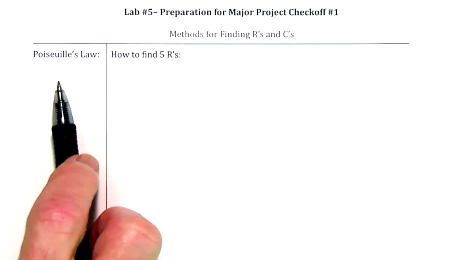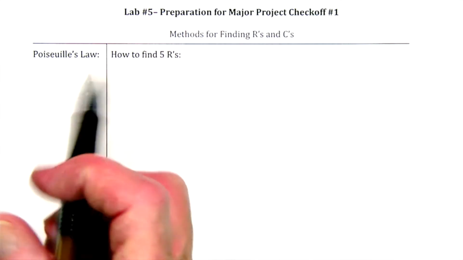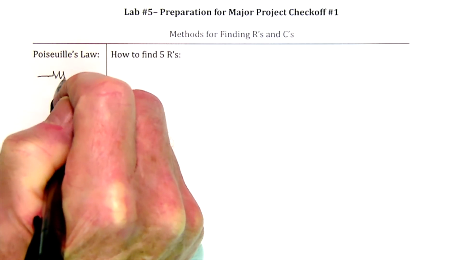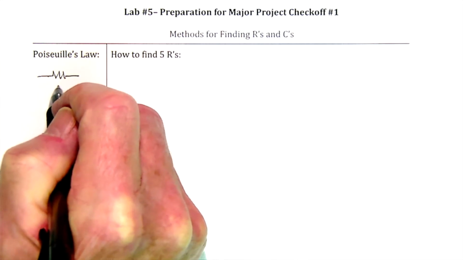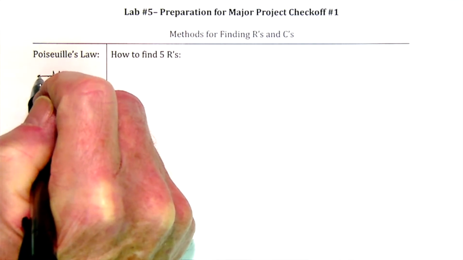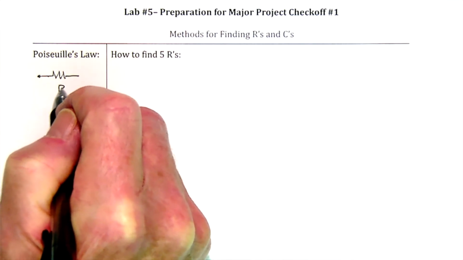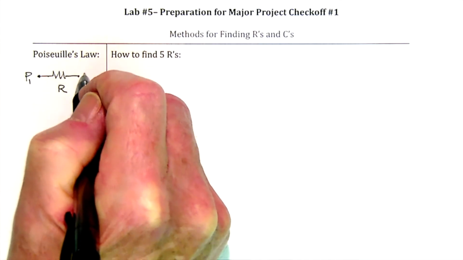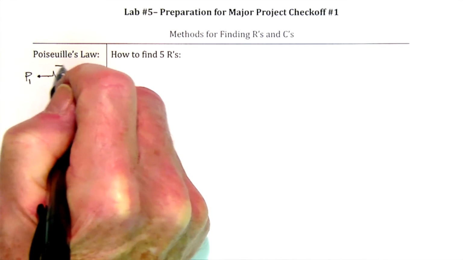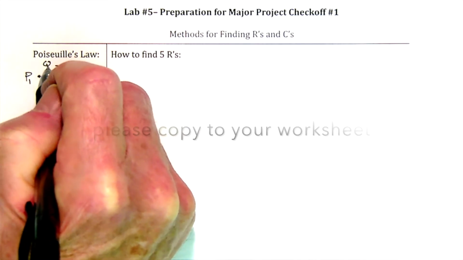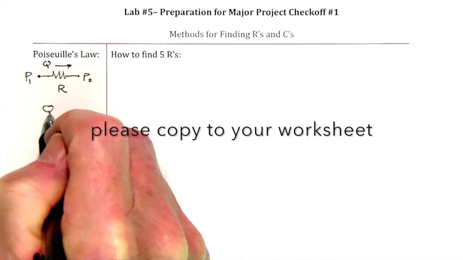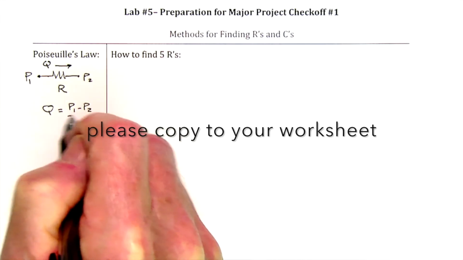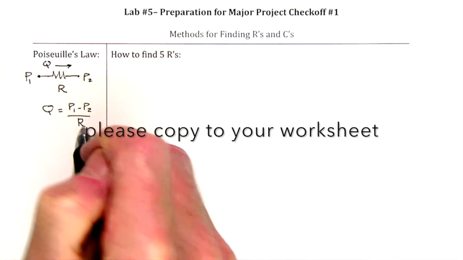We're going to use Poiseuille's law, or to be a little bit more exact, the simplified version of Poiseuille's law, to find the R's. You remember that Poiseuille's law in simplified version said that if we had a blood vessel with a resistance R and an inlet pressure P1 and an outlet pressure P2, the flow rate of blood through that vessel Q was given by Q equals P1 minus P2, inlet pressure minus outlet pressure, divided by the resistance.